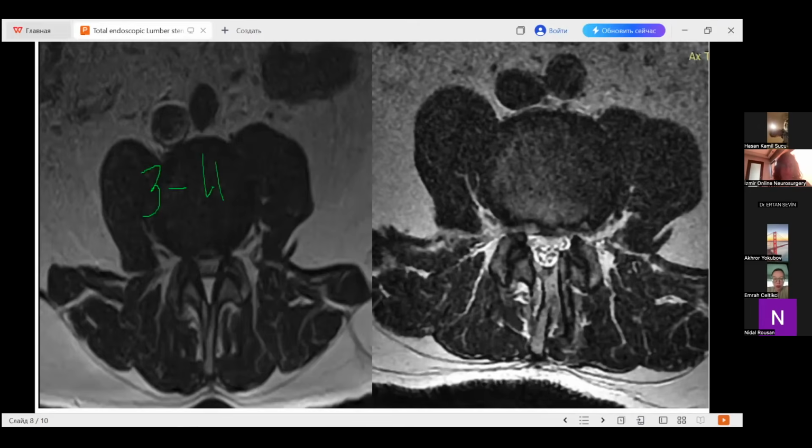This axial view is L3-4 before surgery. See, is it after surgery? See, here is the right side and left side. I didn't touch the facet joint. I preserved it because this is more important. You see, I went under the spinous process.